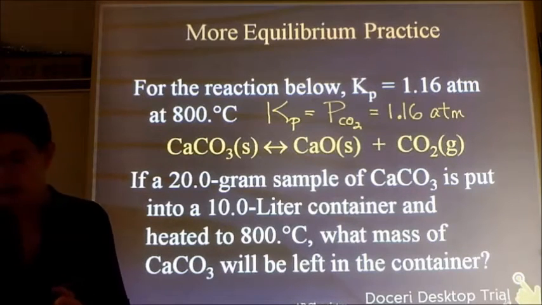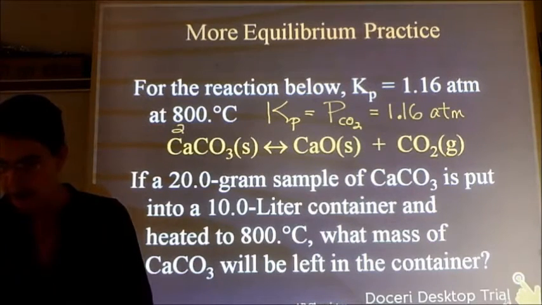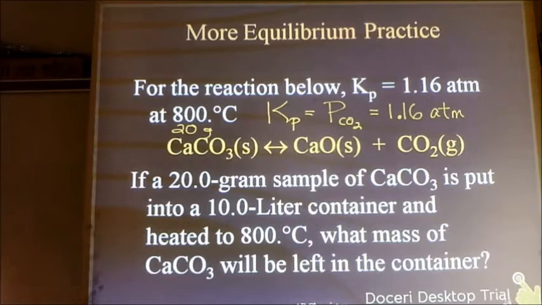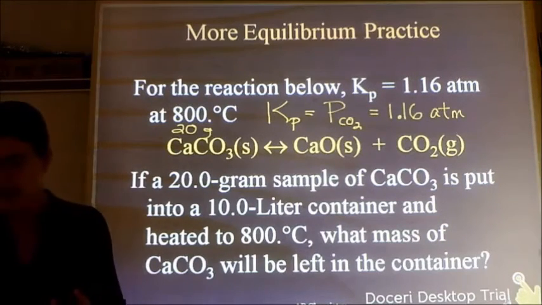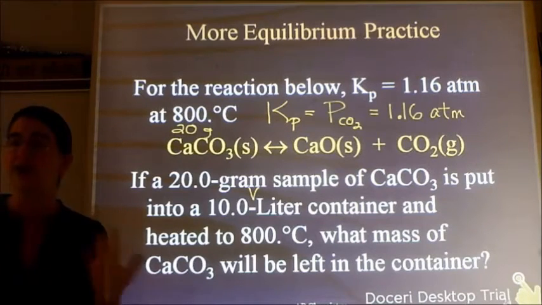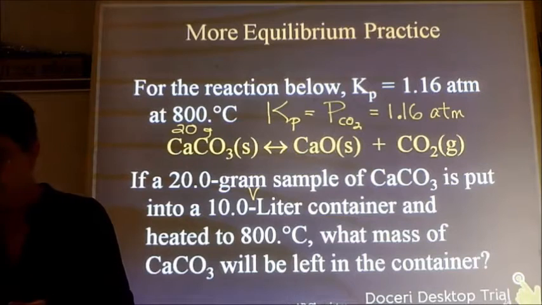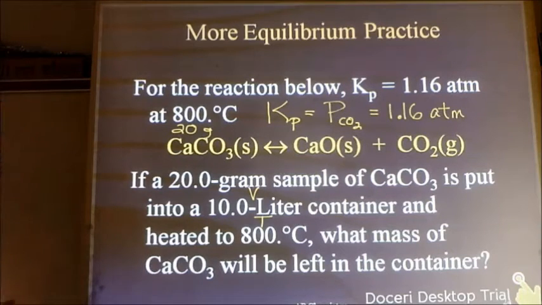If a 20-gram sample of calcium carbonate, I'm going to write that in, is put into a 10-liter flask, I'm going to just put a V because that's the volume, heated to 800 degrees, that's the temperature, what mass of calcium carbonate will be left in the container?